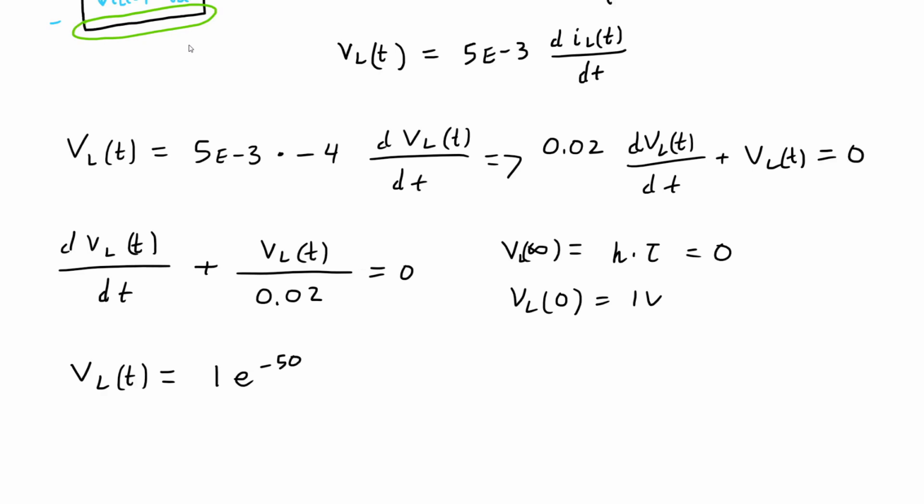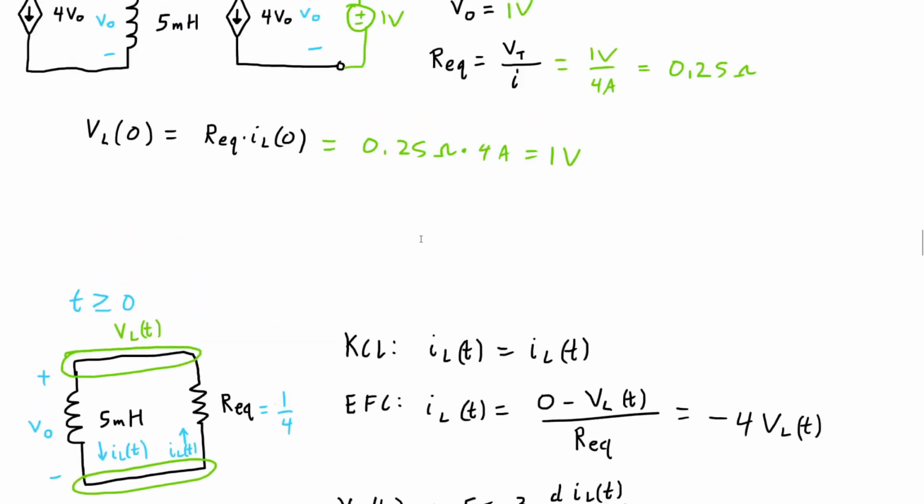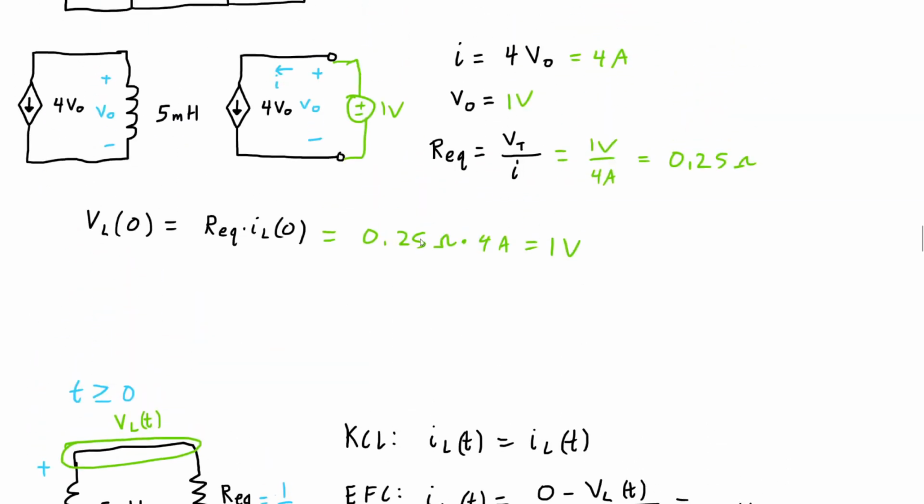And t over tau is t divided by 1/50, so it just becomes 50t, and that's in volts. So yeah, it's not too bad. The only tricky part, I'd say, is that, once again, like the last problem, we had to find the initial voltage using the equivalent resistance seen by the inductor at that state with that current.